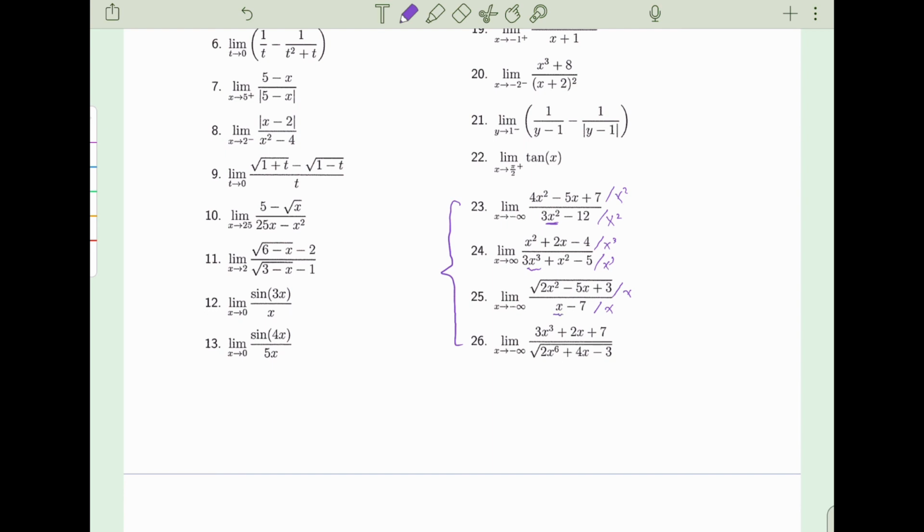Okay, so for question 26, you're going to divide the top and the bottom by x to the 3, because x to the 6 is the greatest power. However, x to the 6 is inside the square root, so this is equal to x to the 3. Okay, so that is the trick.